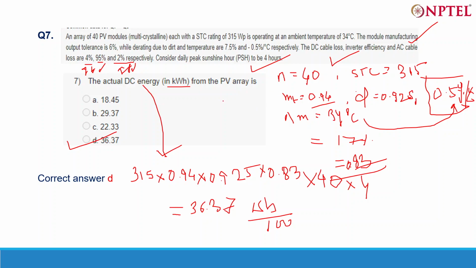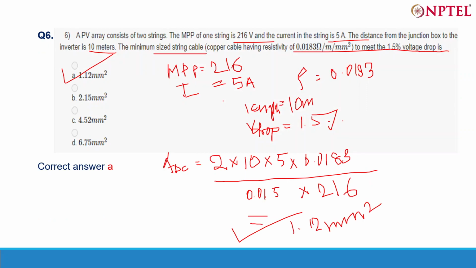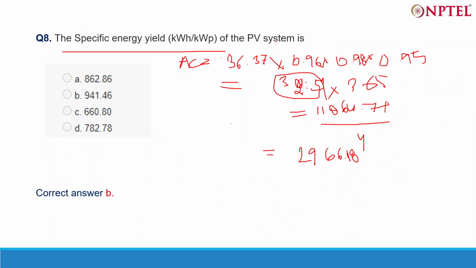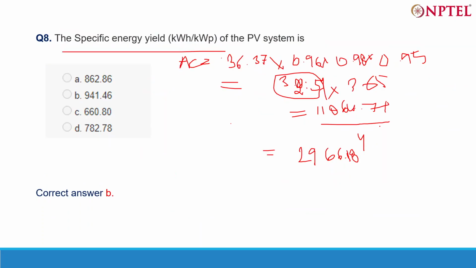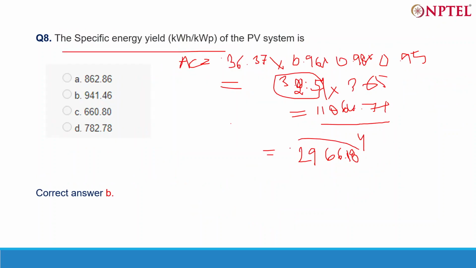I think I must be doing something wrong, I don't know. 11864.71 divided by 350. I may be doing something wrong. Okay, so there may be some calculation mistake. So this comes out to be 2966 or something.